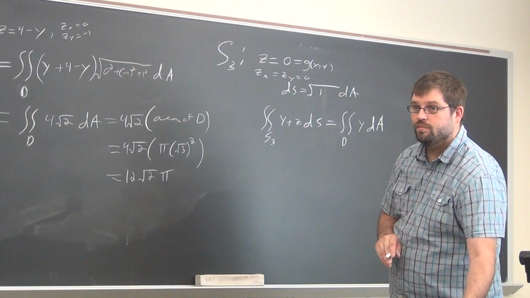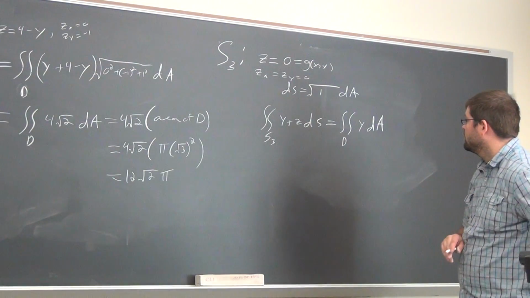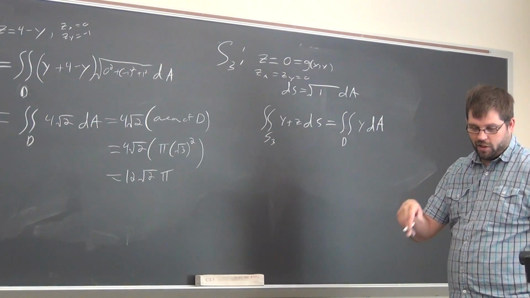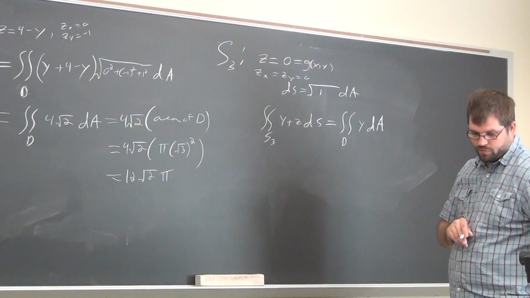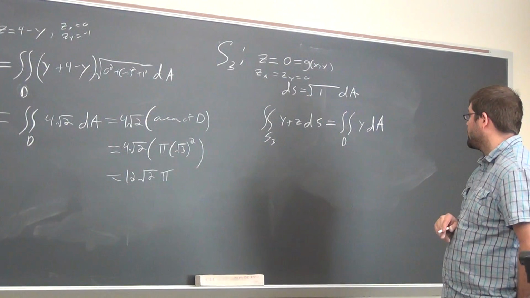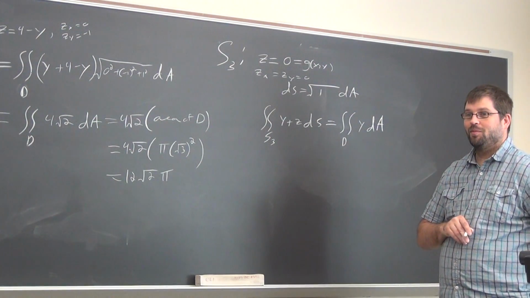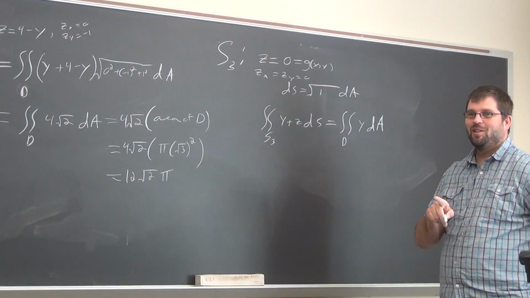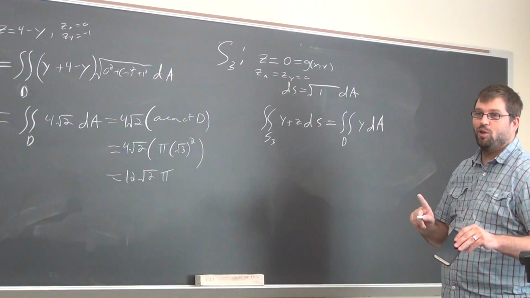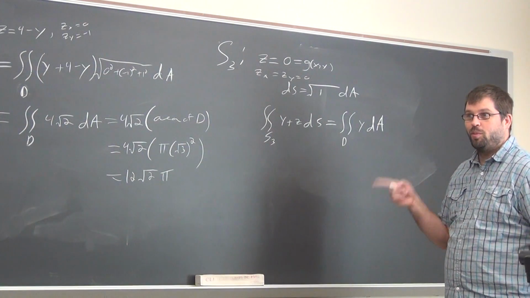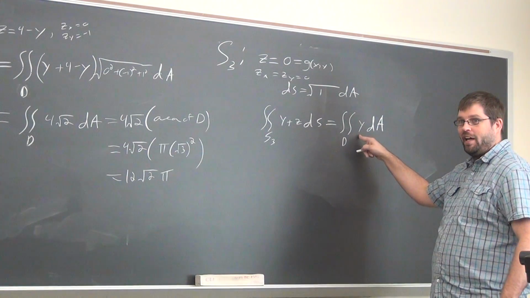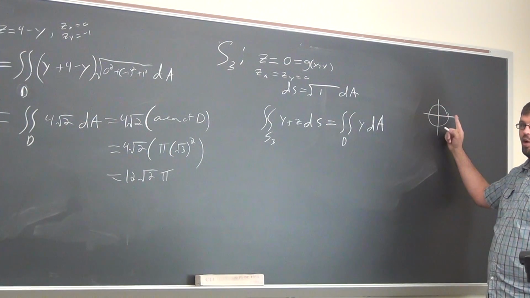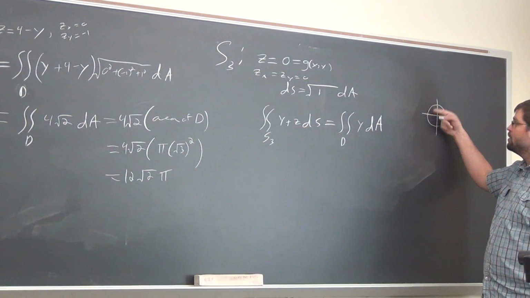Does that make sense? And then how do you integrate y over a disk of radius 1? You could convert to polar coordinates, or maybe this time let's think about it ahead of time. In practice, probably your best move is to convert to polar coordinates. But we're integrating the function y over this circle, right?